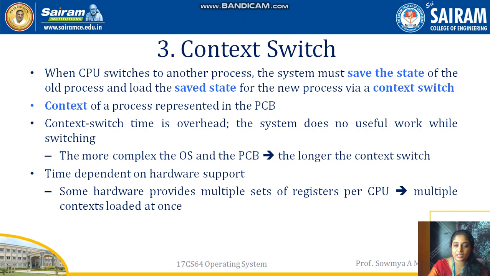So saving the state of one process and then loading the next process for execution, we call this method of shifting from one process to another process context switching. So before context switching, we have to save the state of the presently running process, then load the next process saved state for switching.